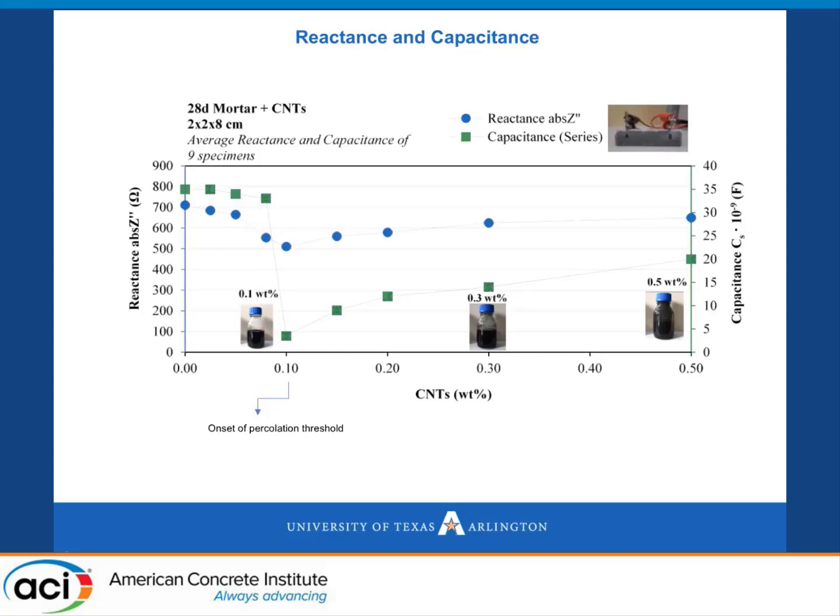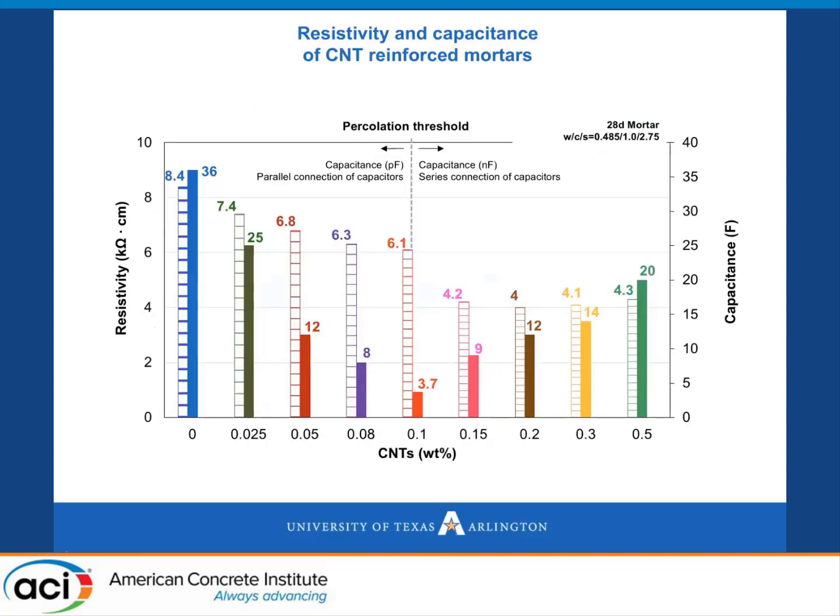The concept of space charge actually provides a natural bridge between the bulk properties and the properties of any neighboring phase, such as CNTs. As can be observed from the resistivity-capacitance plot in this slide, when a uniform dispersion of CNTs is achieved in the matrix, there is a consistency between resistive and capacitive phases, and resistivity, reactance and capacitance decrease as the nanotube content increases.